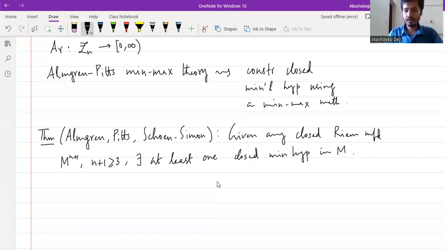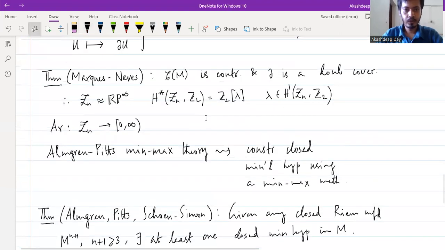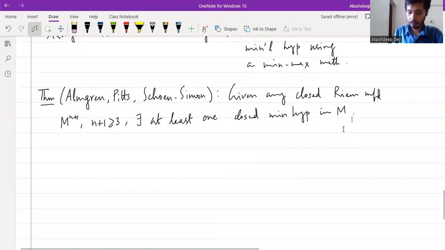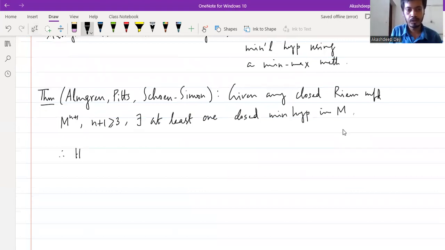But as I said earlier, the cohomology ring of Zn with Z mod 2 coefficients is the polynomial ring Z mod 2 [lambda], where lambda is in the first cohomology class. So in particular, Hi, the ith cohomology class of Zn with Z mod 2 coefficients, is non-zero for all i.